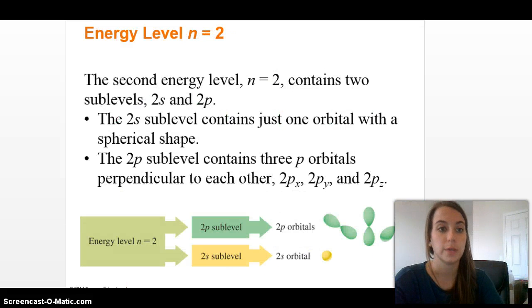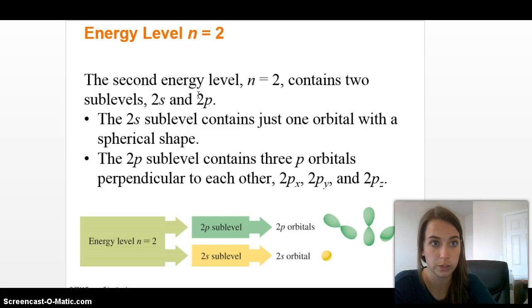So when I get to energy level 2, well, energy level 1 is really boring. It just has one s, it's one sphere. When you get to energy level 2, you've got 2 sublevels. You have your s and your p. 2s, 2p. 2s sublevel has a 2s orbital that's shaped like a sphere.